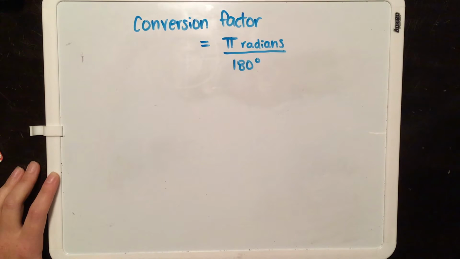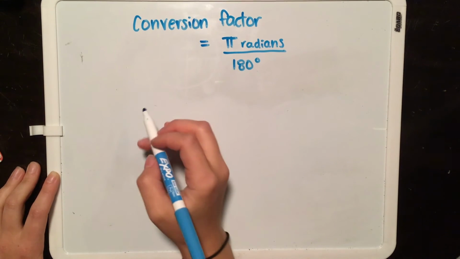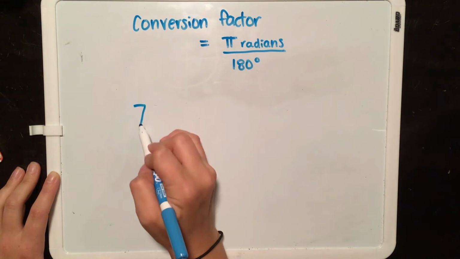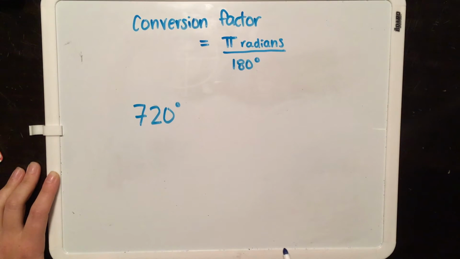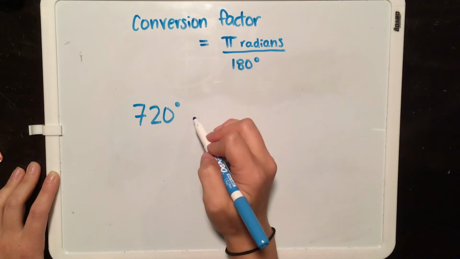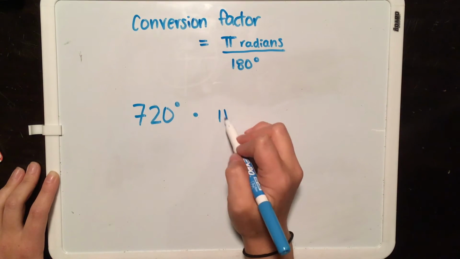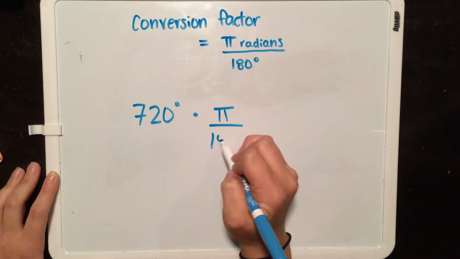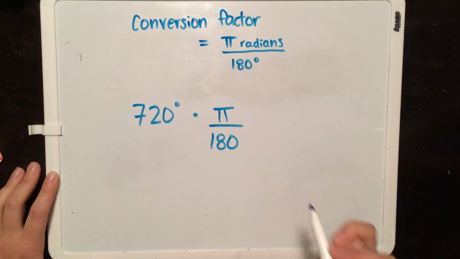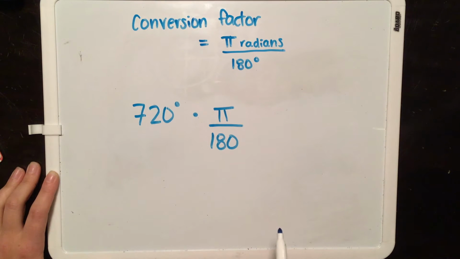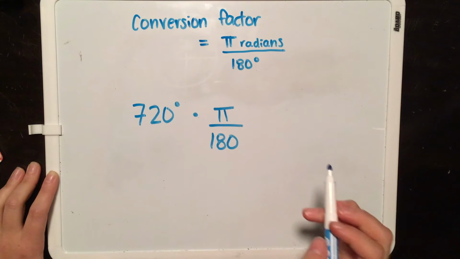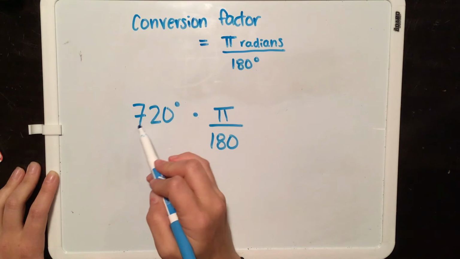Our last example is going to be a large positive number. We're going to convert 720 degrees into radians. Multiply by pi over 180. And if we reduce this, both 720 and 180 are divisible by 90.